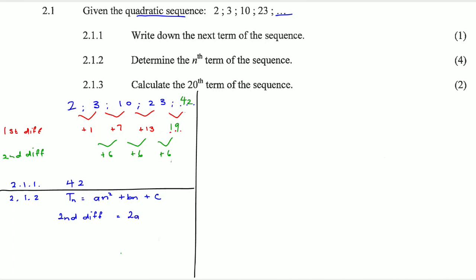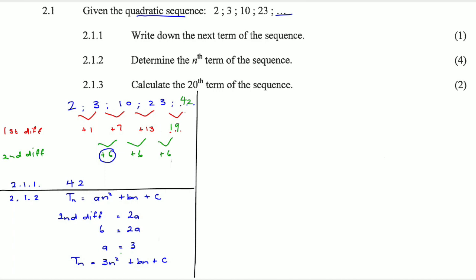And what is the second difference? The second difference is 6. So 6 is equal to 2a, and we divide both sides by 2, a is equal to 3. So we can write term n is equal to 3n squared plus bn plus c.